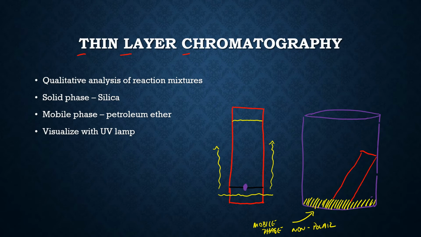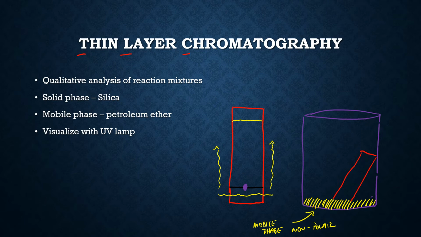Now let's say we're trying to separate this purple dot that we have there. What's going to happen is the components in your purple mixture are going to interact more with either the polar phase or the non-polar phase. It just depends on what you're trying to separate.